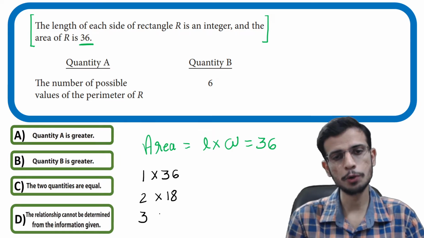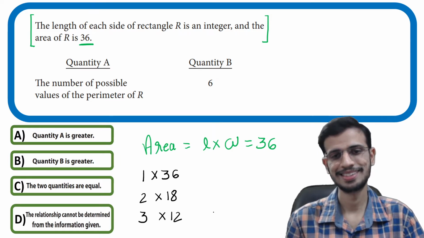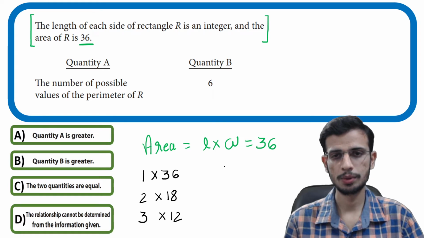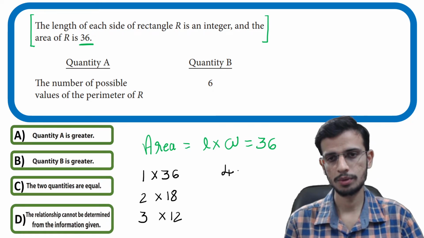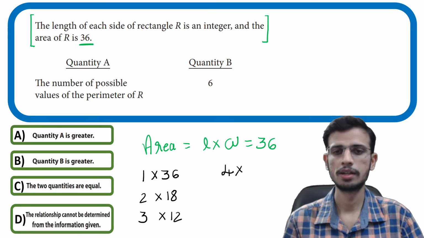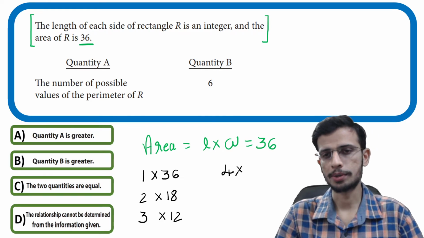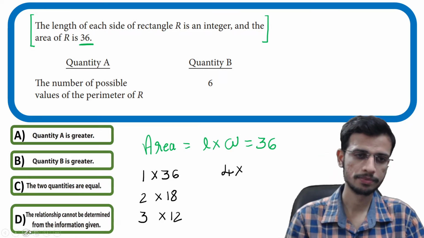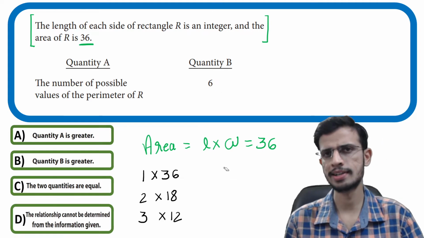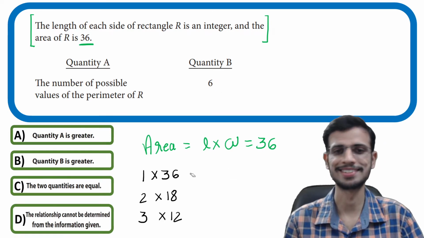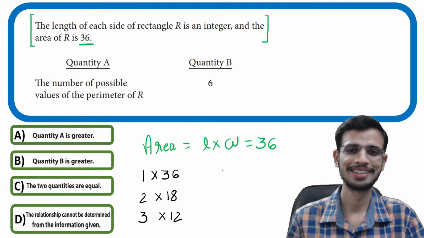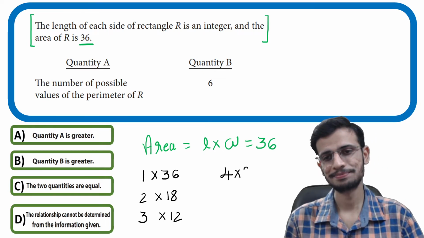We can say 3 into 12. Then 4 into... will it be possible or not? 4 is a factor of 36, yes. 4 into 9.